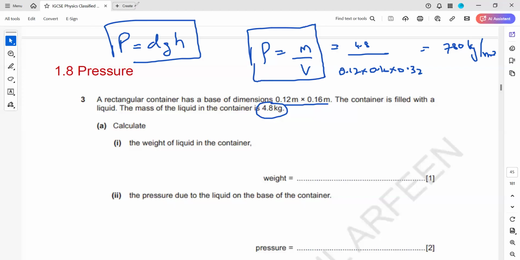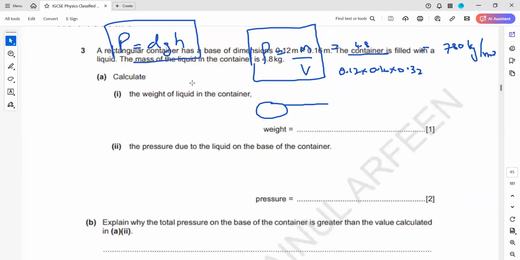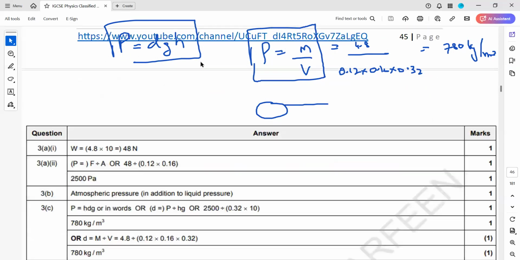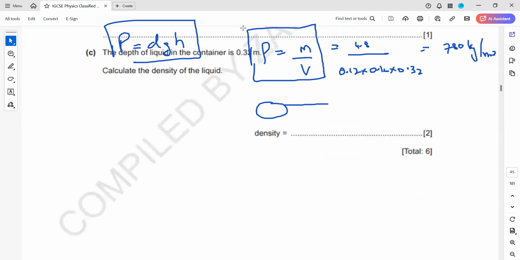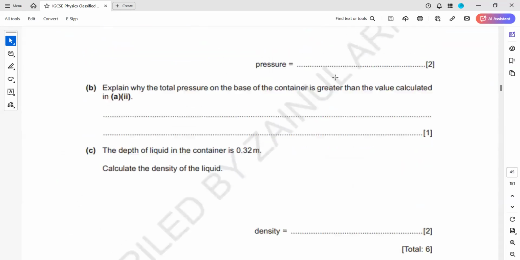Page number 45, part C. And about part B, the question is, when we calculated the pressure of the liquid, we got 2,447 Pascal. But they're saying in reality, the pressure will be higher than the calculated value. Why? Because above the liquid, there will be air particles.